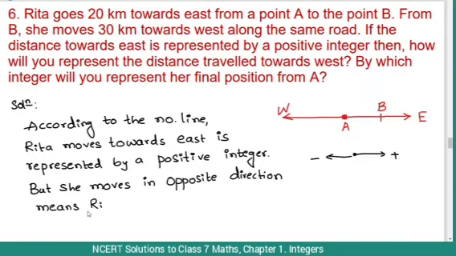Means Rita moves west, is represented by a negative integer.